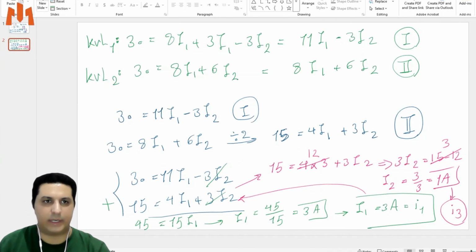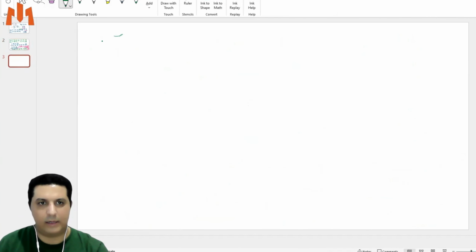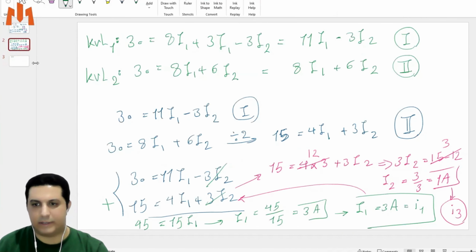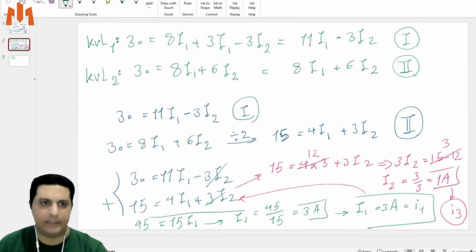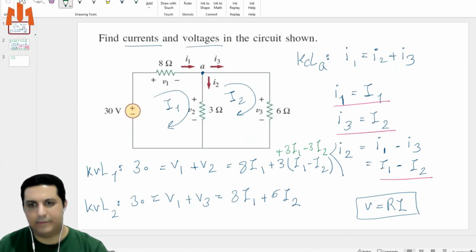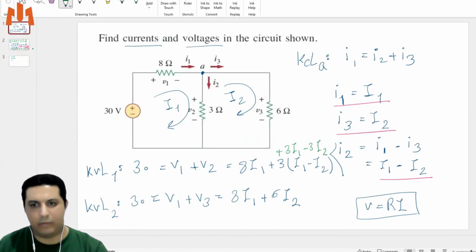Let's go to the next page and I write it here: we found I1 equals 3 ampere, and I2 equals I3 equals 1 ampere. And look at the KCL again: I2 is I1 minus I2.